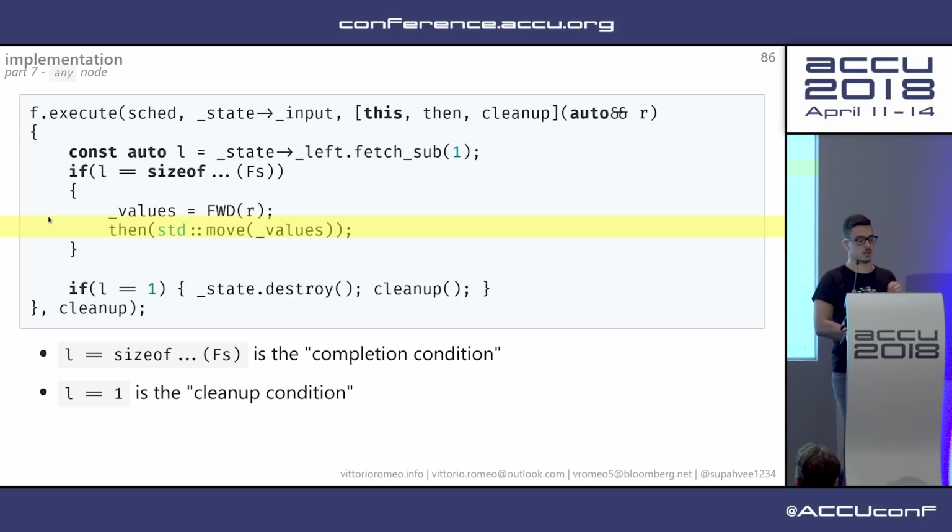If we are the last one, then we will destroy the state, so we will clean up after ourselves and inform the rest of the graph that we are actually done by invoking the cleanup continuation. So in this case, we have the completion condition, which is, am I the first node to finish? And the cleanup condition, which is, am I the last node to finish? And we keep track of those two paths and keep going with them forward.